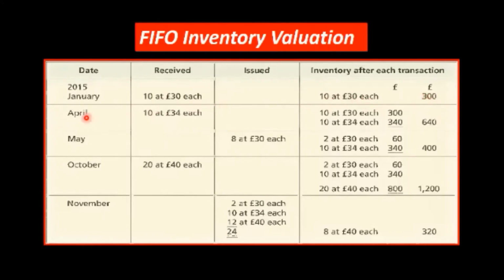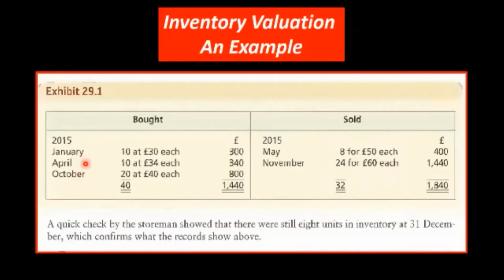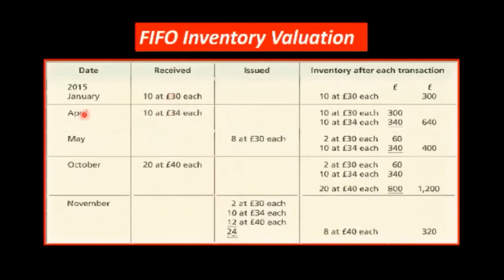Then we look at the next item on our table here would be April, right? April comes before May, right? So then we bought another 10 at 34 each for 340. And we'll enter it in the receive column again, April 10 at 34, right?